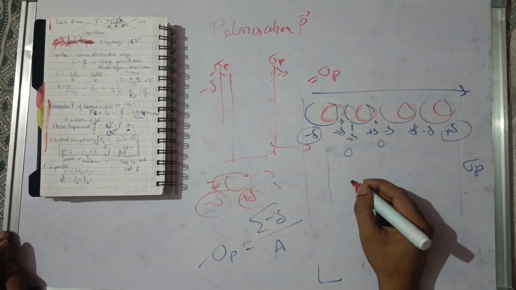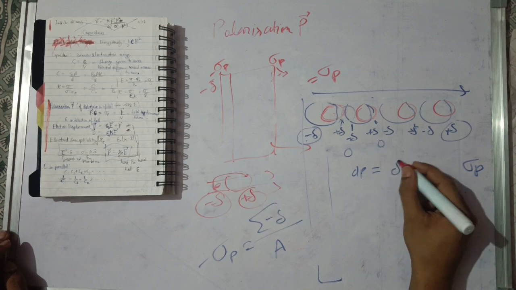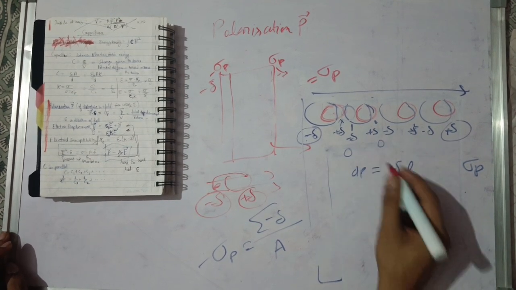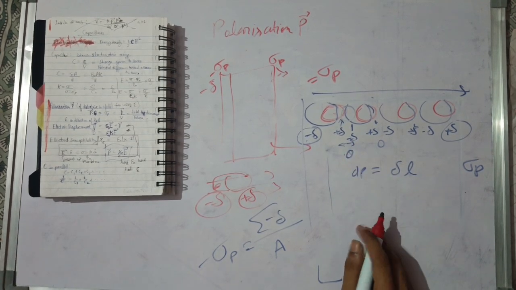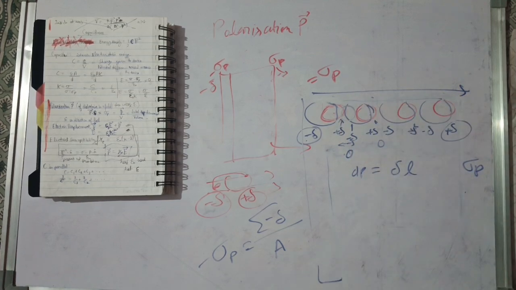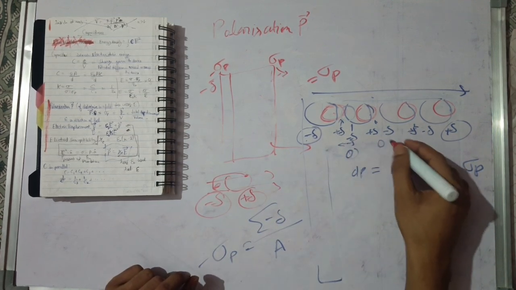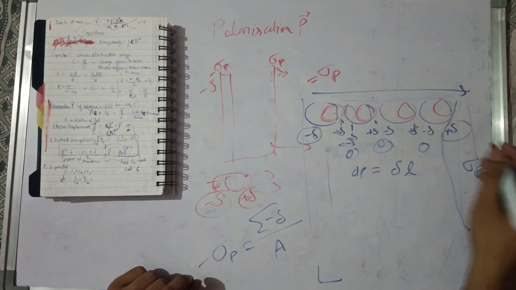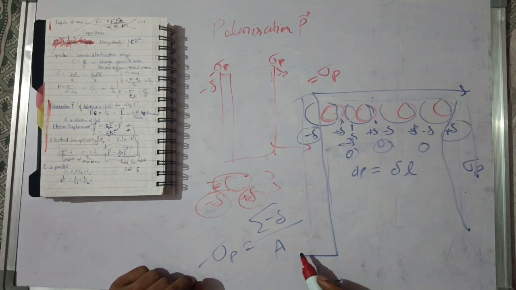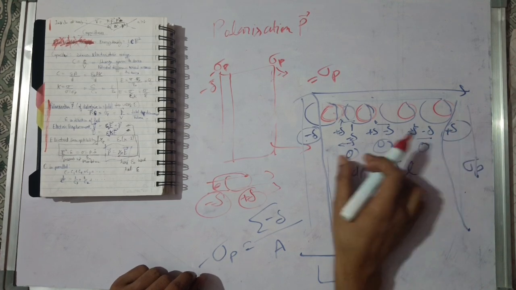Since the formula of dipole moment is dp equals delta charge into the length between them, and the length between them is about 0, all of these dipole moments are approximately 0. There is one charge left at this end, and one charge left at this end, and I have paired all the charges in between.